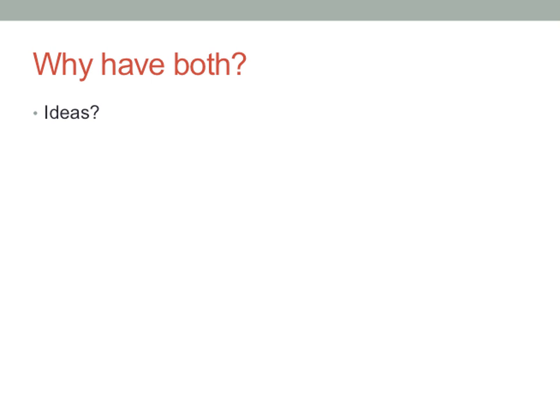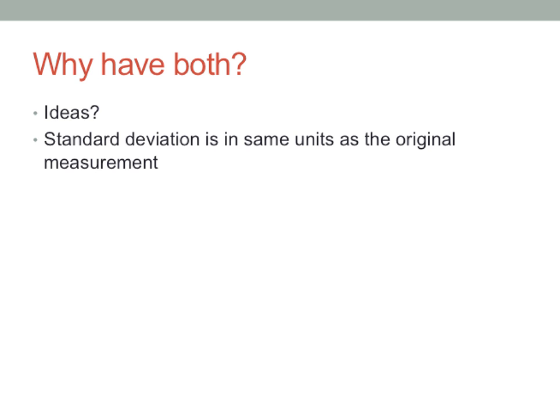All right, so I mentioned this previously, but why do we have both variance and standard deviation? They tell us almost the exact same thing. Well, truly, we almost exclusively use standard deviation, and that's because standard deviation is in the same units as the original measurement you've done. Remember that variance is SD squared. Well, in variance, you square your units.